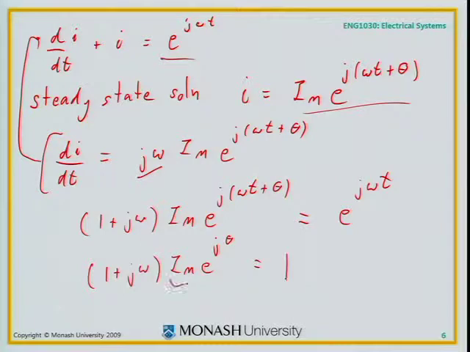This is the phasor. You know, we said we don't need to keep track of the e to the j omega t's because they cancel out everywhere. That's the example of it for this case. It's going to be the same in every term, everywhere, so they'll always cancel out. All I have to really worry about is this Im e to the j theta, and that is the phasor for the current. I have to solve that equation.